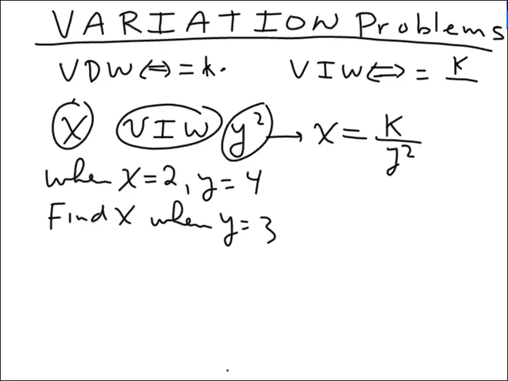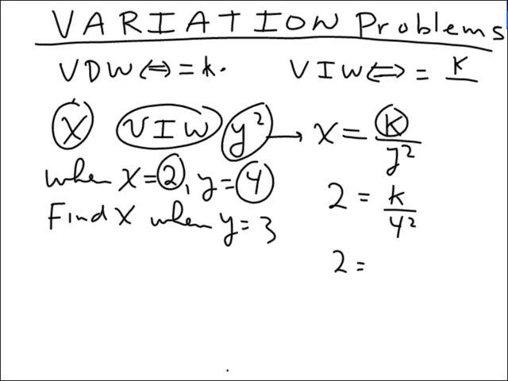Okay, now they tell me for x write 2, for y write 4. So we're going to find k. 2 is equal to k over 4 squared, and 4 squared is 16. 16 times 2, 32, is equal to k.